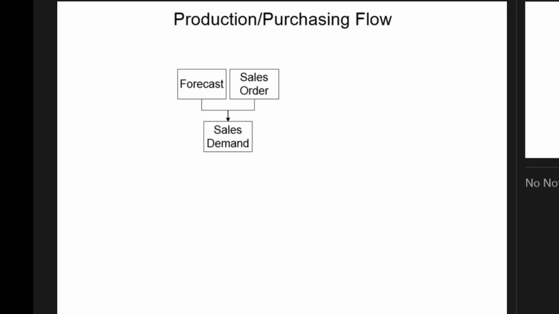Know that MRP is really all about every transaction. For an item, by date, it's analyzing every single transaction that's happening. So if a forecast record hits on the first day of the month, it's assuming that forecast record for that day of the month.